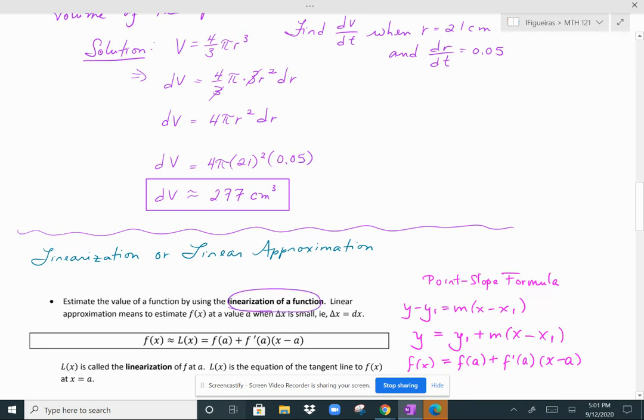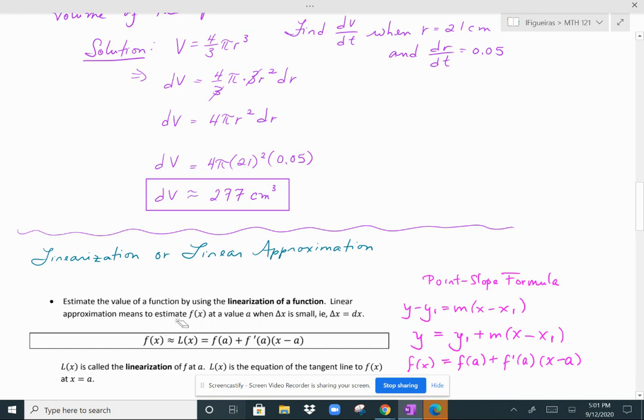And the linearization of a function looks a lot like how we found the equation of a tangent line to a curve. So linear approximation means to estimate the value of a function at some value that I'm going to call a, when the difference between two x values is small. And again, that means that delta x is dx.